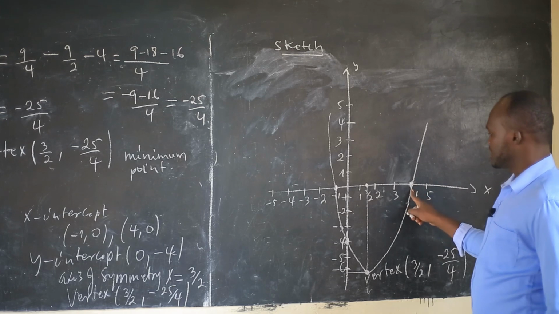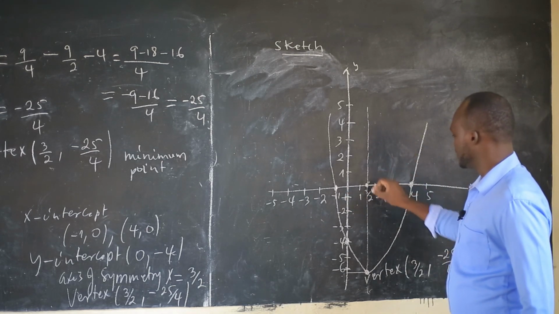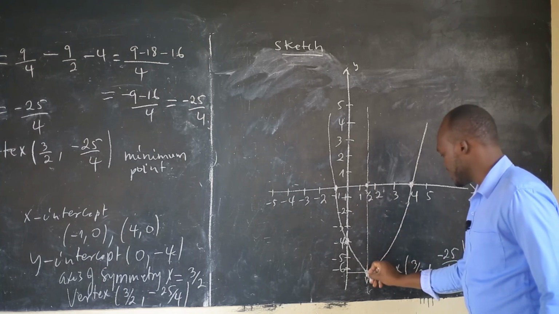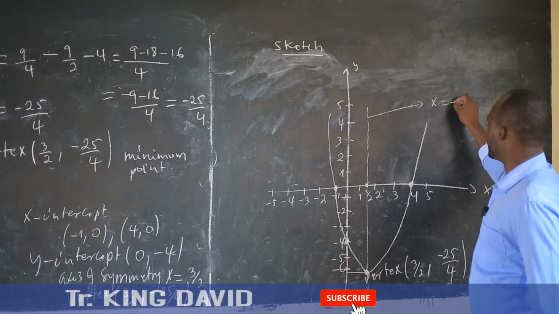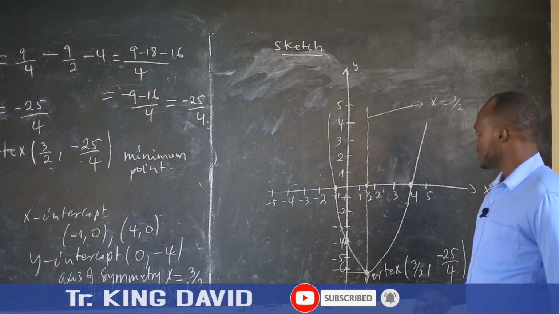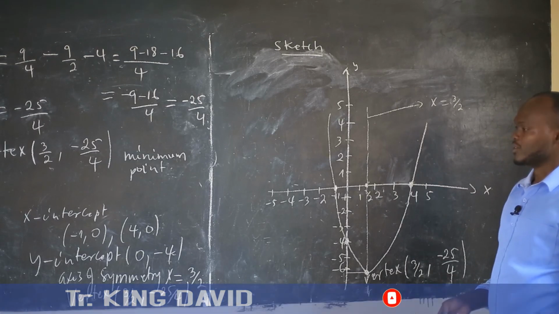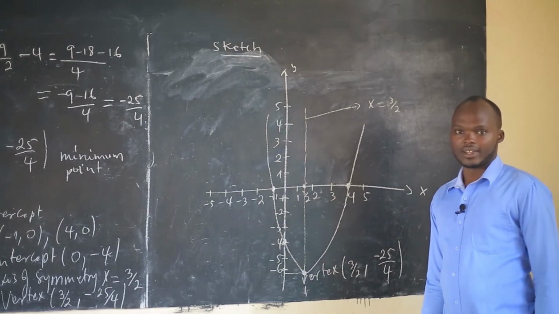So this is the x-intercept. This is the axis of symmetry, which is x equals 3 over 2. So this is our curve. I hope you don't have any question about this. We can go to see how you can do another number.